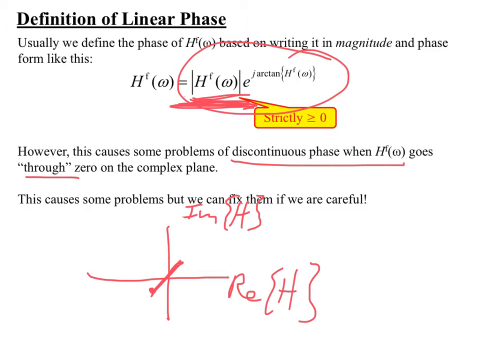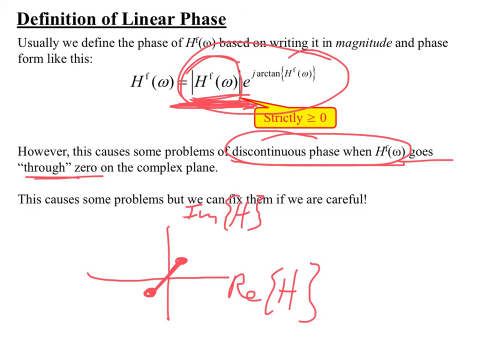If I negated both real and imaginary parts of this, I'll get the real and imaginary parts of this one over there. So if we allow the magnitude to go to something that's real valued, but it can have positive or negative values, we can better account for this going through the zero or going through the origin on the complex plane without getting discontinuities in the phase. And the reason we want to do that is to just make it easier to identify and see what we mean by a linear phase.